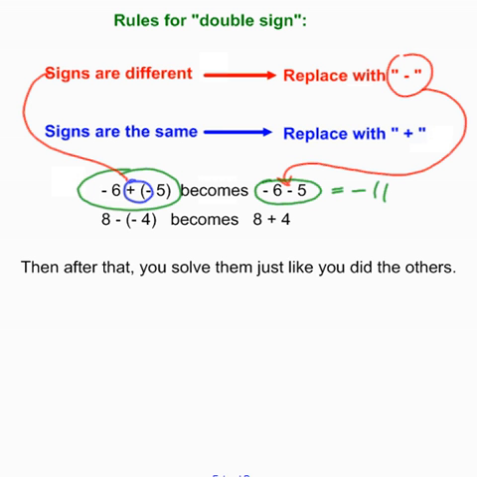Okay, so this 8 minus a -4, we have a double sign there, minus a negative. There, the signs are the same.